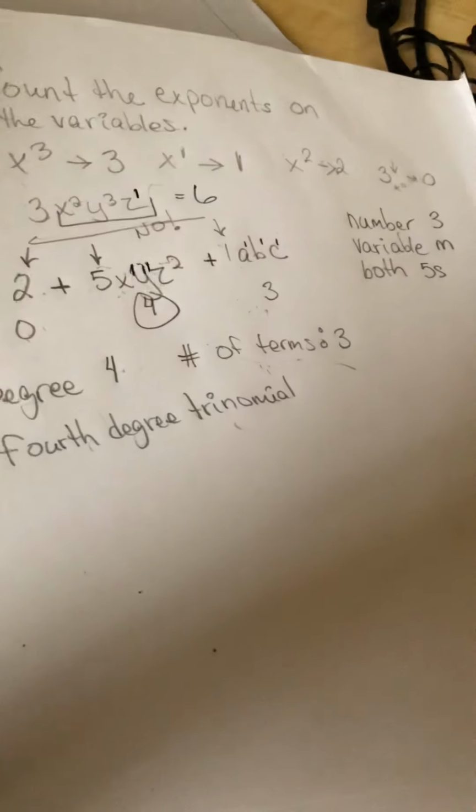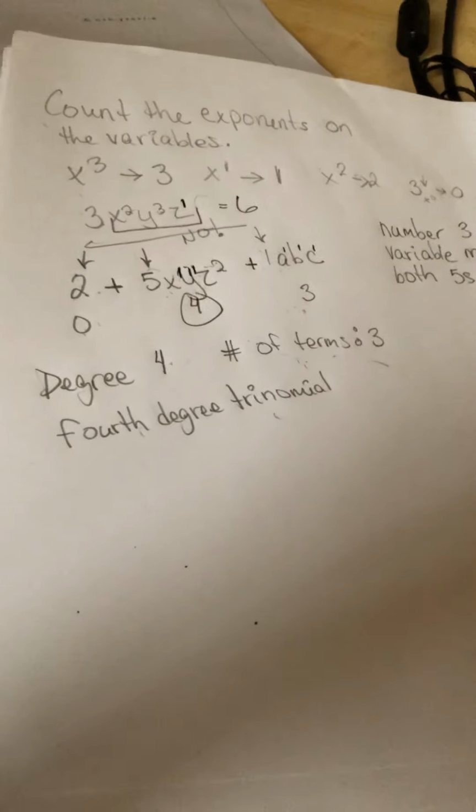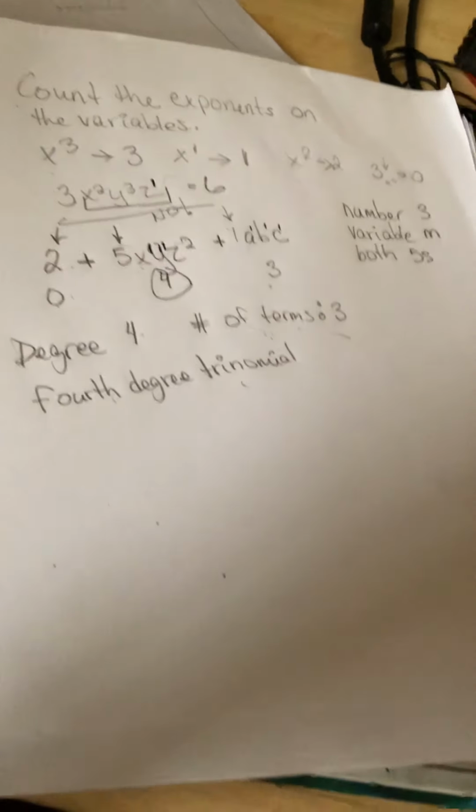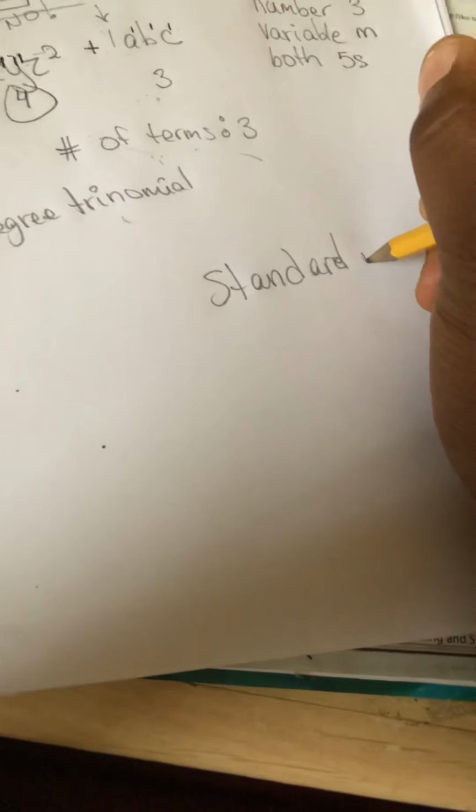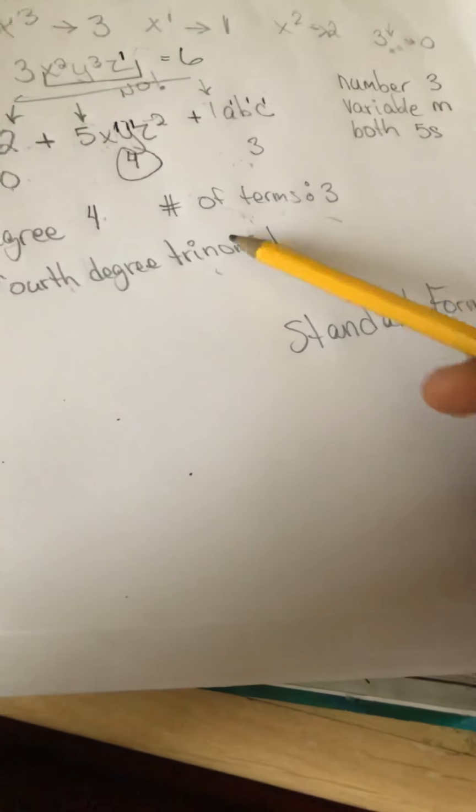Alright, so continuing with this, we're now going to standard form. In standard form, I am taking whatever my polynomial is and putting it in order by degree.